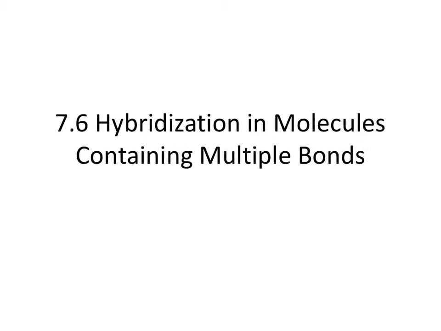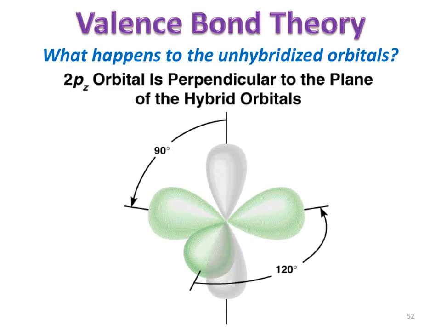Now the question can be asked: how do we create double and triple bonds? And how does hybridization play a role in that? Well, we have to ask what happens to those unhybridized orbitals.